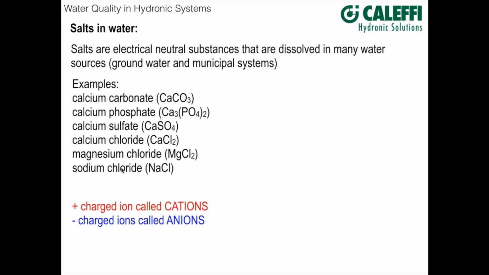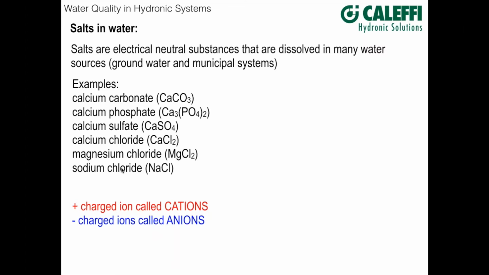Okay. Now, these salts, as they exist as a molecule, are chemically neutral. They have a net zero charge, but when a salt dissolves in water, it breaks up into ions. And an ion can have either a positive charge or a negative charge. Chemists will call a positively charged ion a cation, and a negatively charged ion an anion. So I have to be careful how I pronounce those.